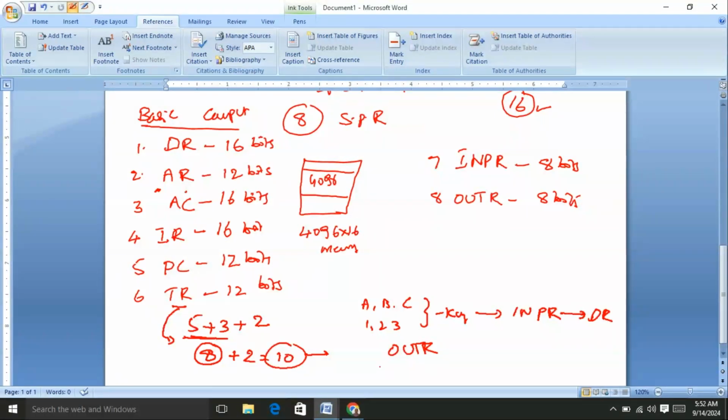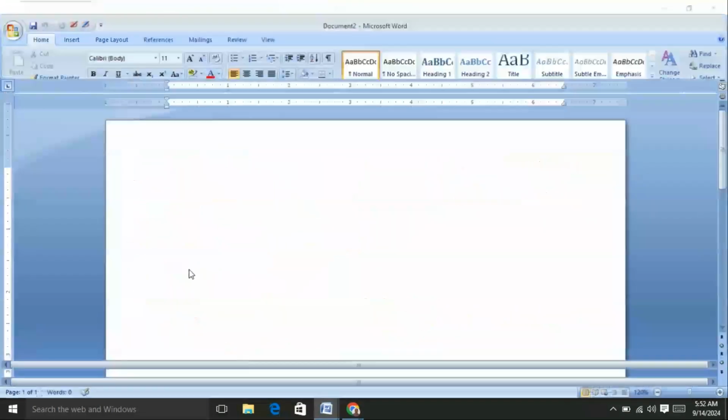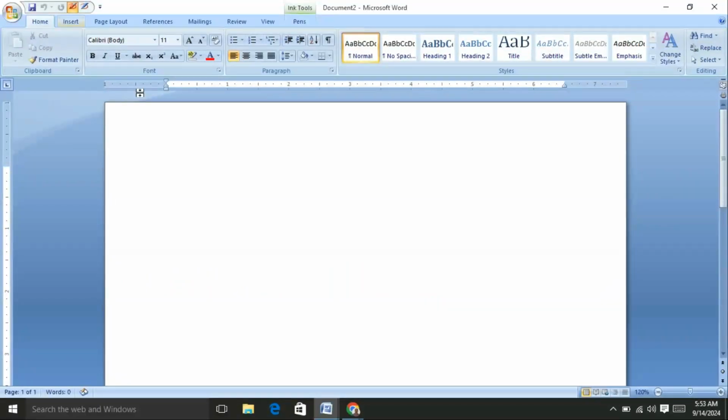Okay, friends. Now I am going to draw the structure of the registers, how those are in the basic computer, including the memory. So please observe this one.